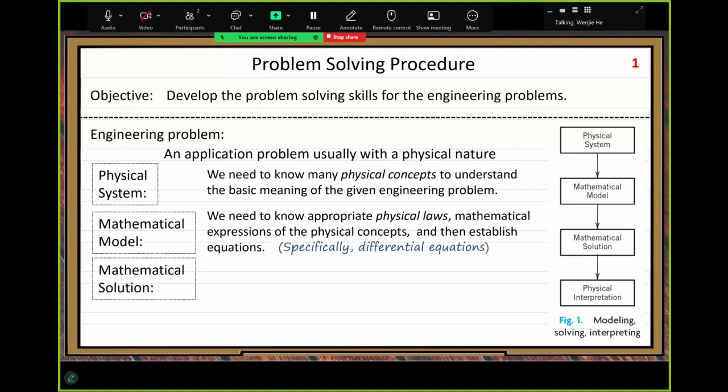Some are equations, and approximately 1/2 of the equations I will give you as the math formulas directly, so you just solve the equations directly. But for the word problem, you need to do a lot of analysis, right? You need to set up equations. You need to pick the correct physical laws to set up equations.